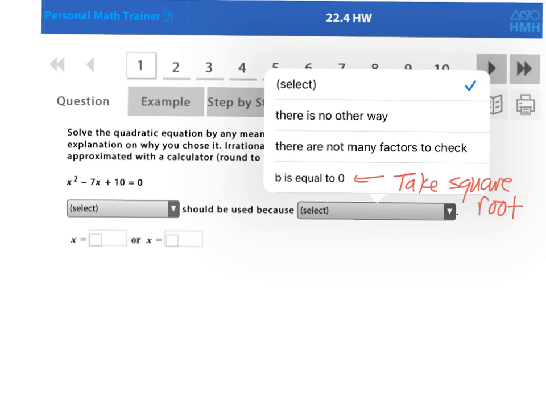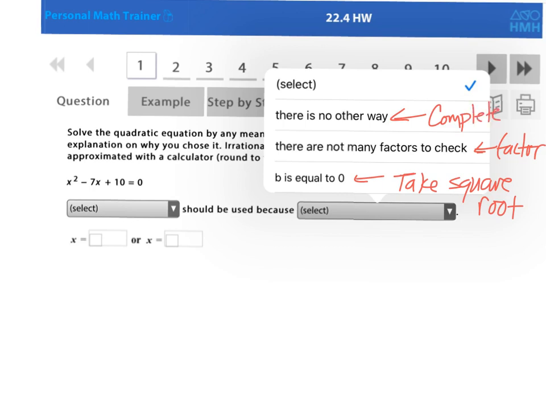That means you can get x squared isolated and take the square root. If there are not many factors to check, that's when you want to do factoring. So that's the methodology you want to use.